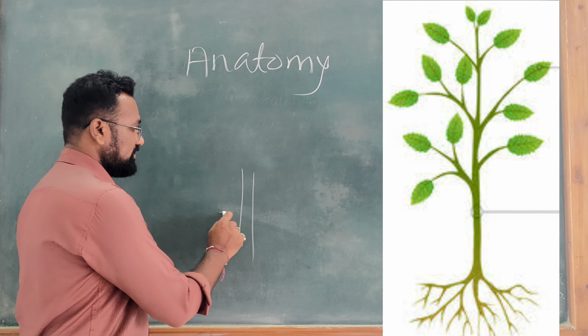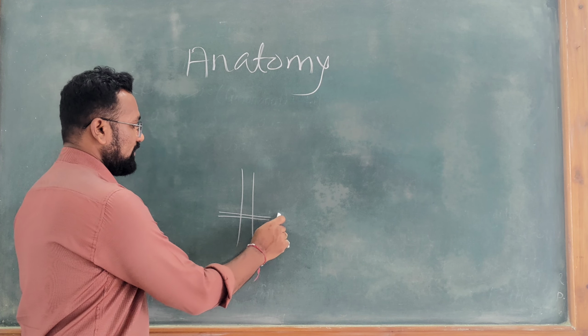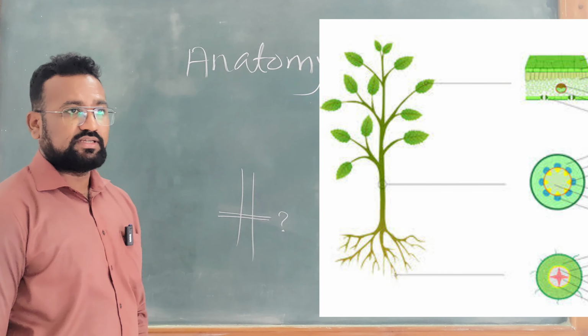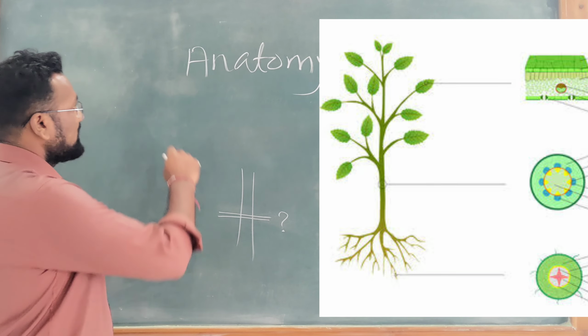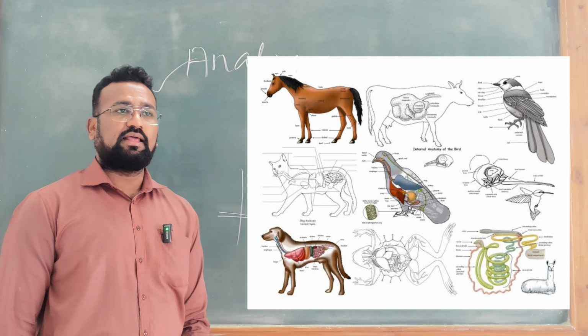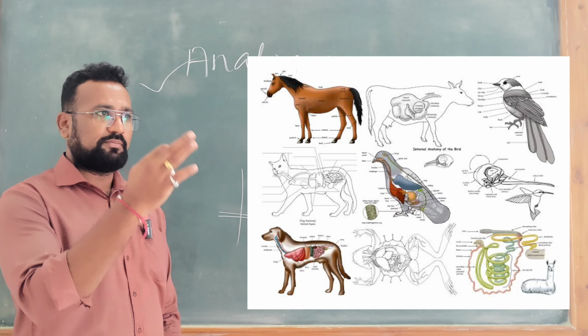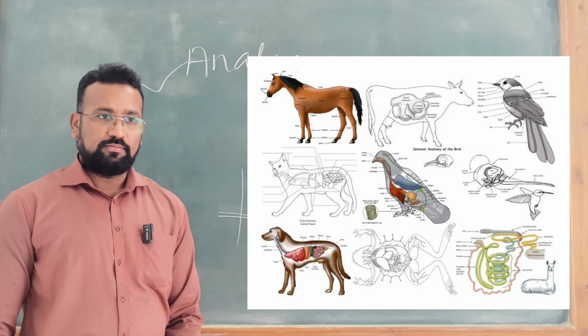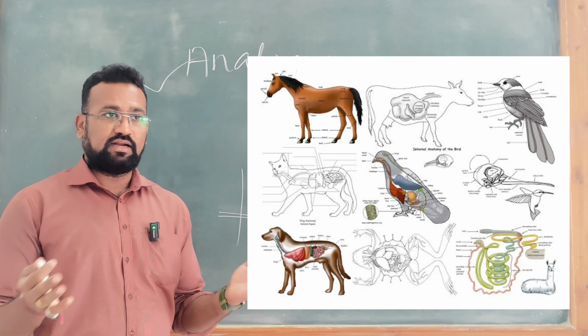But when it comes to finding out what kind of tissue arrangement is present inside the plant, that comes under anatomy. Anatomy is also included in animal study, where they perform dissection of the body and study the various organs present in that animal.